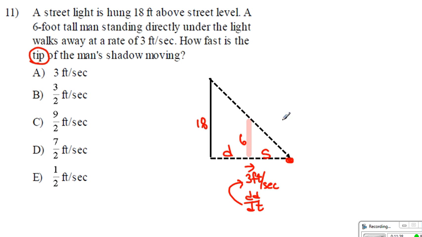Then the relationship here: the distance between the tip and the street light will be d plus s.